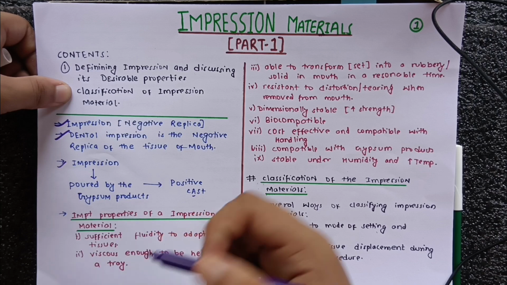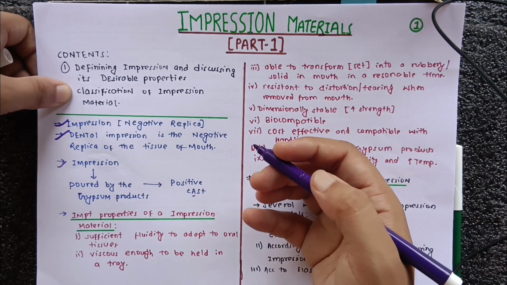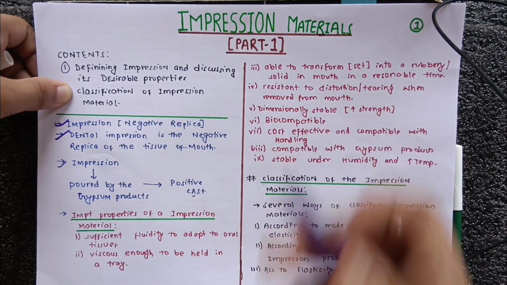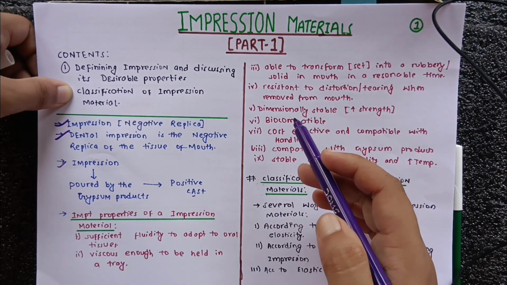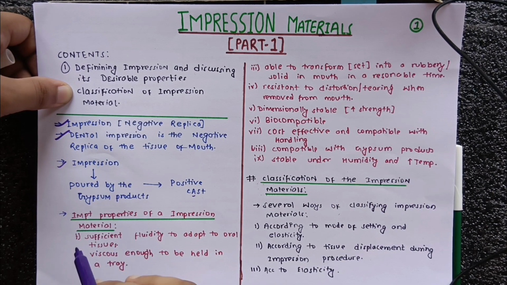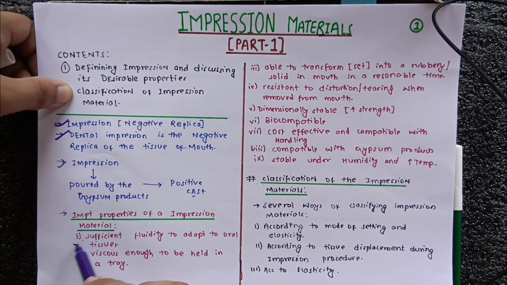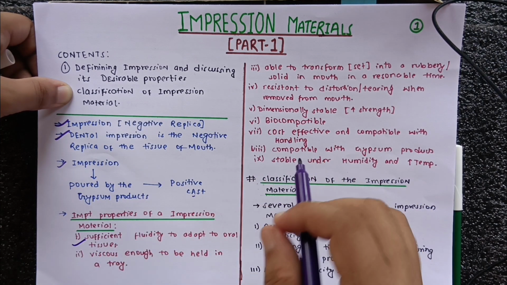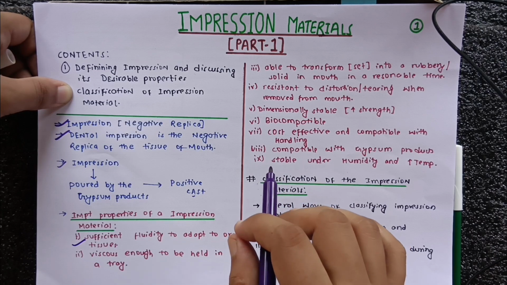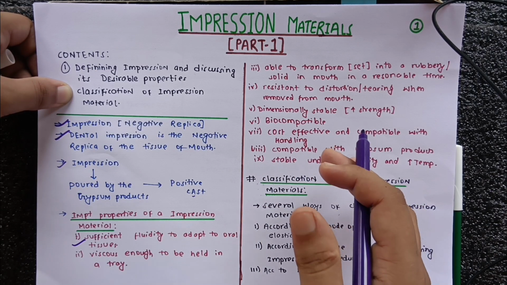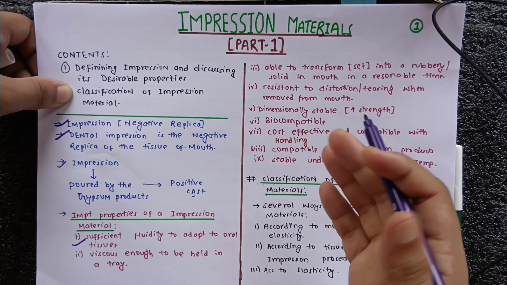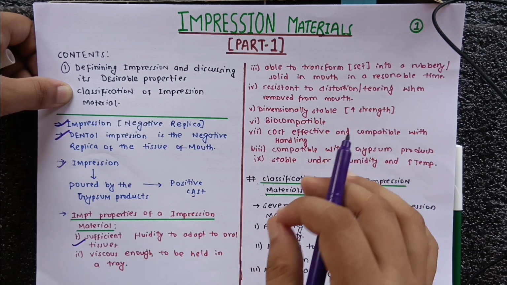These are the desirable properties any substance must have to be an impression material. I have taken this from Phillips' Science of Dental Materials. Our first point, as I have written here: sufficient fluidity to adapt to the oral tissue. Anything that is an impression-taking material should be freely flowing. If it can't flow properly, it couldn't take a proper impression.